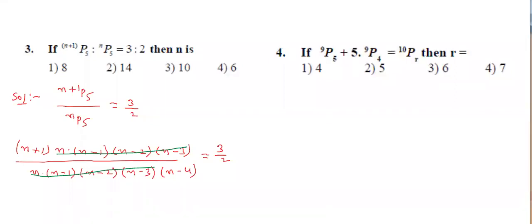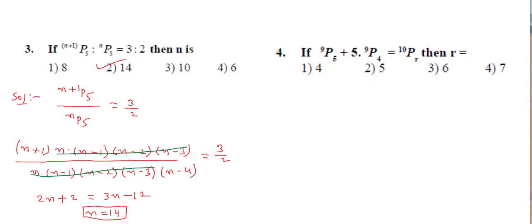Take cross multiplication. 2n plus 2 is equal to 3n minus 12. So minus 12 send to the left hand side, 2n send to the right hand side. Overall, what is the n value? 14. The n value is 14. Second option, correct. This is one method.